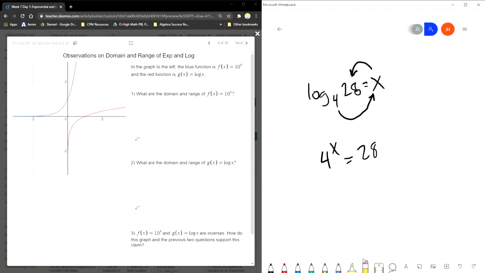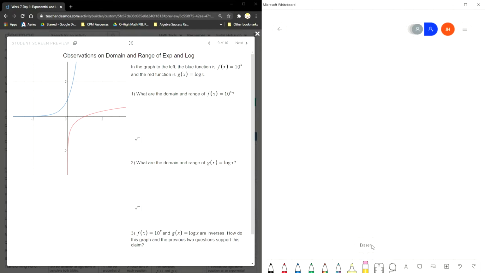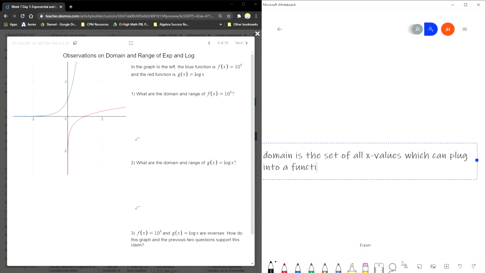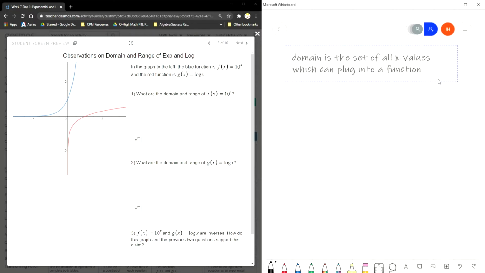This is the one I really wanted to talk about more. Now, I started talking about this at the end of class last time, but I felt like I could maybe do a better job of explaining it. So to start things off, I just want to remind y'all: domain, if you guys remember, is the set of all x values which can plug into a function.